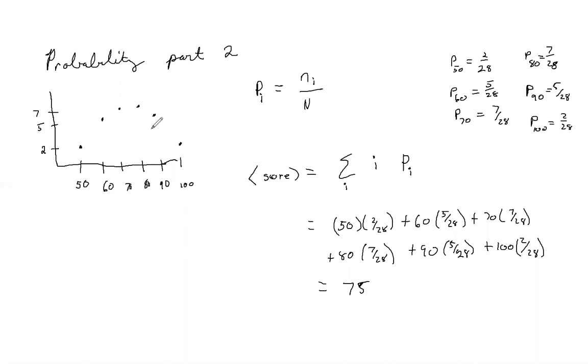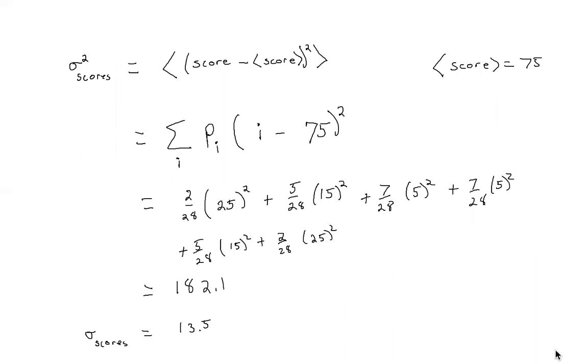So you'd expect something like 15, just eyeballing it. The fact that it came out to be 13.5 seems very reasonable. So the typical width of the distribution is 13.5 in this case. Okay, so that's how that can be used to calculate things.